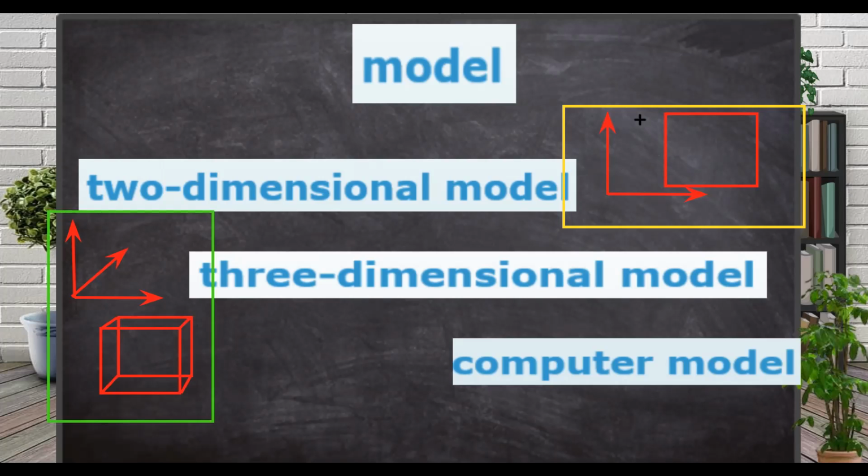So anything flat is a 2-dimensional model. If it's a map, definitely it's flat, so it is a 2-dimensional model. But if it's not a map or a diagram or a drawing, it is something you can feel or you can see.